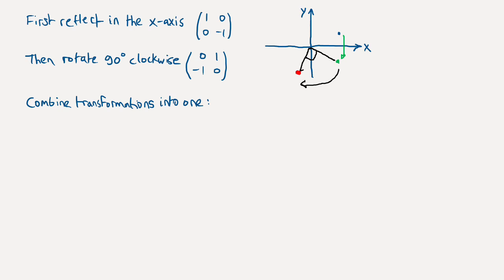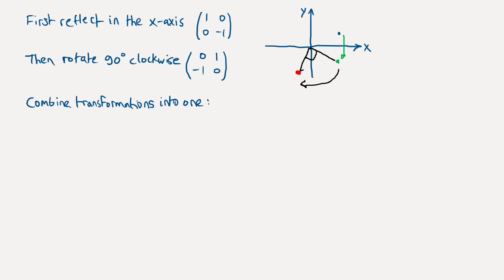And let's think about what that is going to look like in terms of coordinates. So we started at the point x, y. Maybe I'll write that down on the side here.